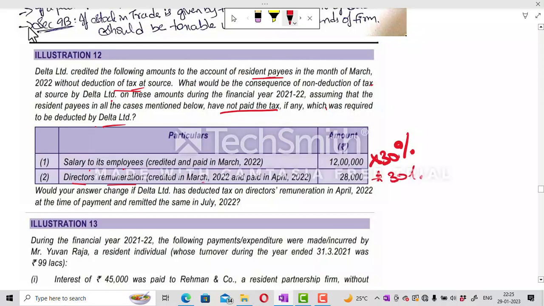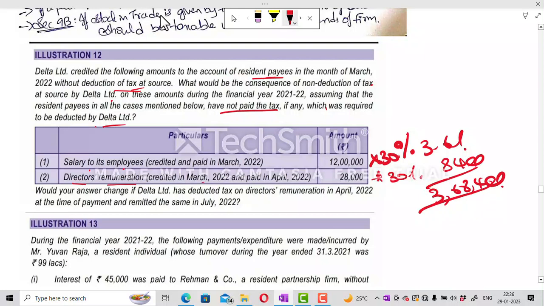On this also 30%. 12 lakhs into 30%, 3.6 lakhs. 28,000 into 30%, 8,400. Gross total 3,68,400. We should disallow this.